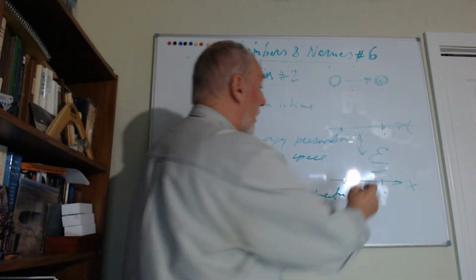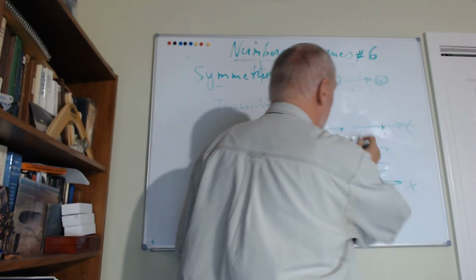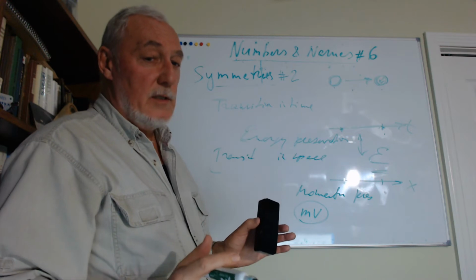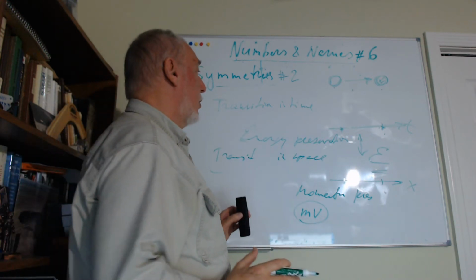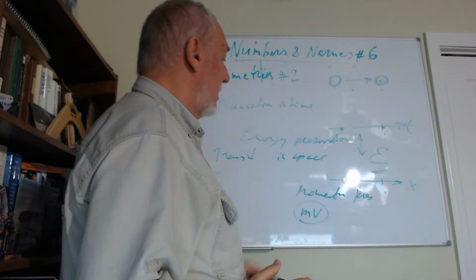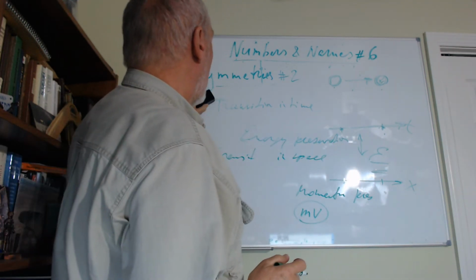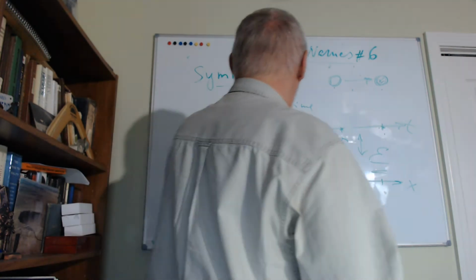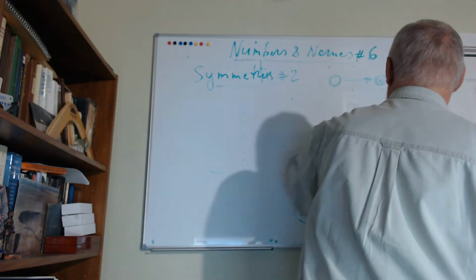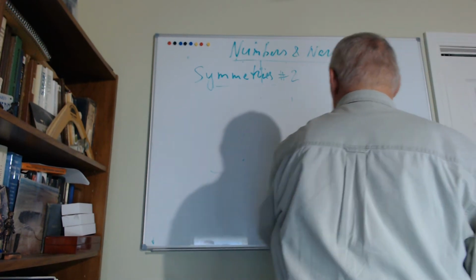They are connected with transitions in time and transitions in space. It's very important to understand, and this is all connected with symmetries. We'll talk about different interesting types of symmetries.